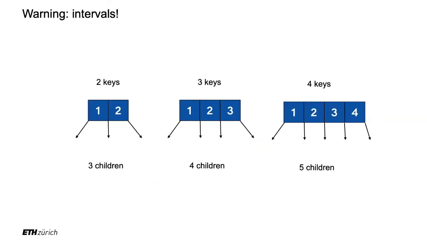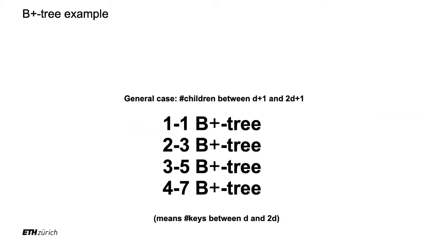That's the reason why if you have 3 children, then you have 2 keys. If you have 4 children, then you have 3 keys. If you have 5 children, then you have 4 keys. For whom is that clear? What that means is that if you constrain the number of children between D plus 1 and 2D plus 1, then the number of keys is between D and 2D. It's 1 less.